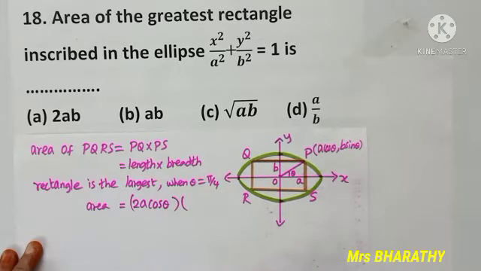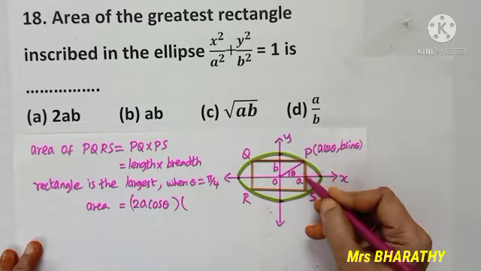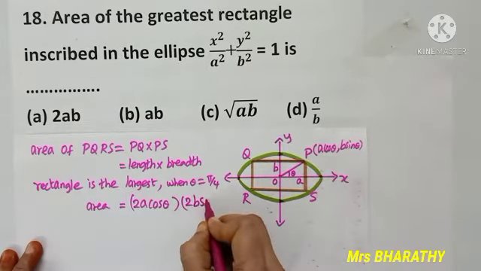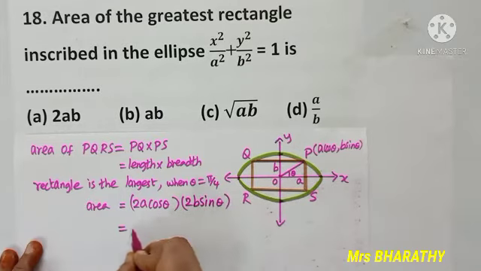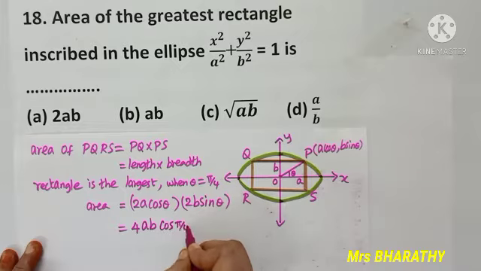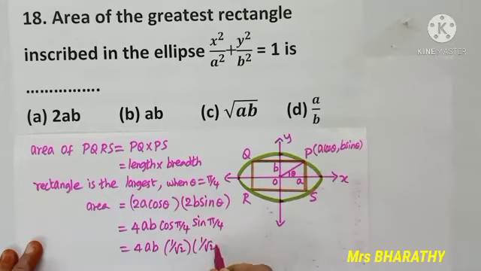And what is the breadth? B sin theta. Here one B sin theta together, 2B sin theta. Wherever theta comes, let us put pi by 4. We get 2 into 2, 4, A into B, AB, cos pi by 4, sin pi by 4. Or we get 4AB into 1 by root 2, 1 by root 2.